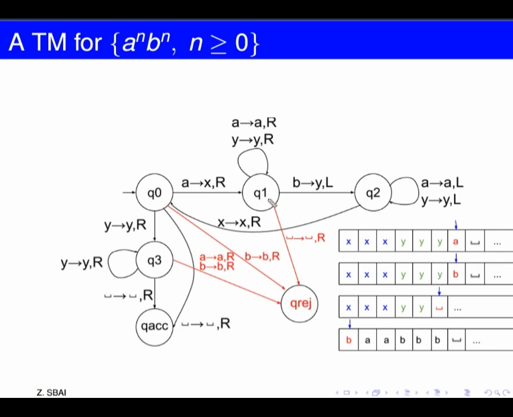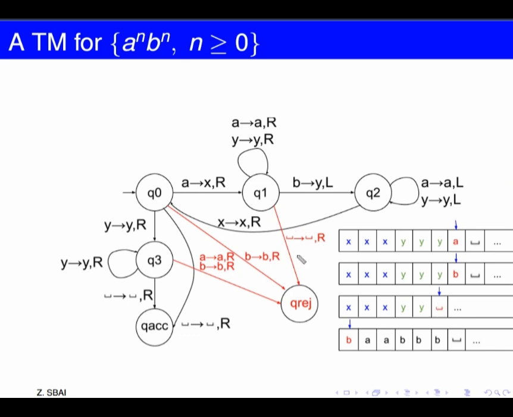From Q1, if we see a blank from Q1 here, we are waiting for a B. We saw a symbol A, we changed it by X, and we are going right, looking for a B. If we don't find this B, we will find a blank symbol. It means that the number of B's lacks one symbol at least.